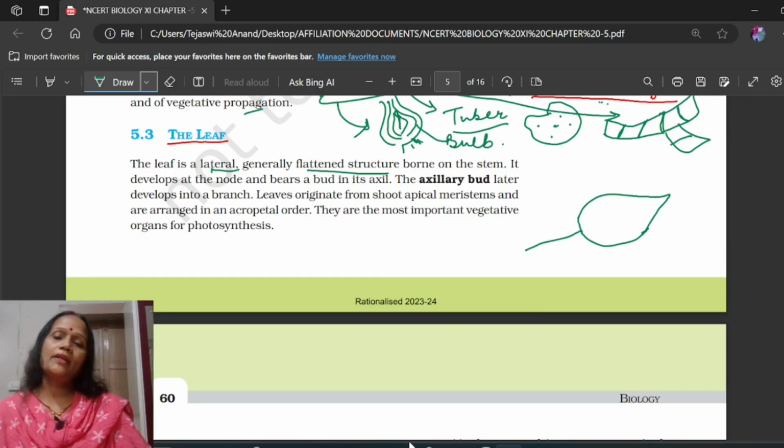If we talk about leaf, then there are parts. This is the midrib. These are the different branches.